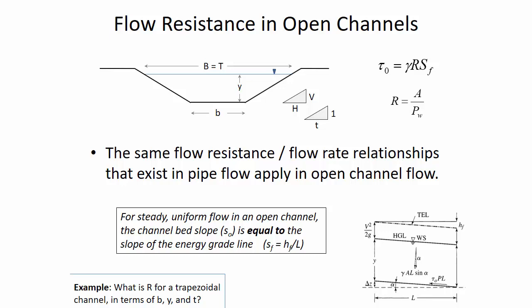And just to sum it all up, the hydraulic radius, R, is (by plus ty squared) divided by (b plus 2y times the square root of 1 plus t squared). So here's the hydraulic radius of a trapezoidal open channel. It's also in your book. I think in chapter 10 there's a table that has a bunch of geometric parameters for things like cross-sectional area, wetted perimeter, hydraulic radius for a variety of shapes. But the trapezoidal shape is really important in hydraulic engineering.